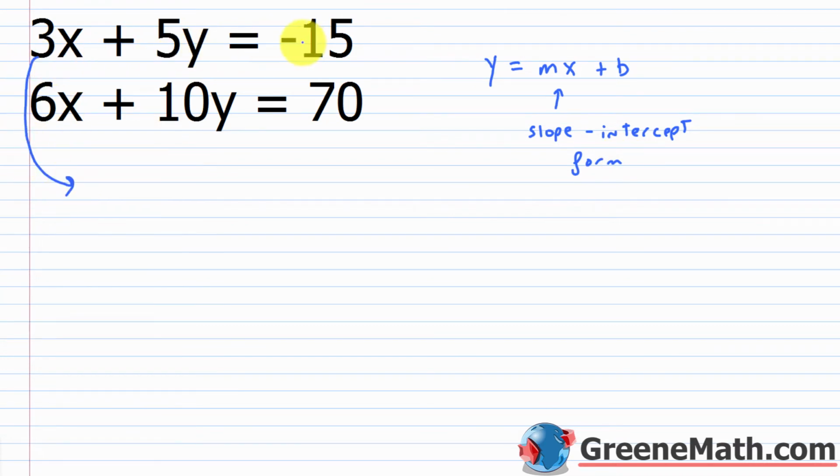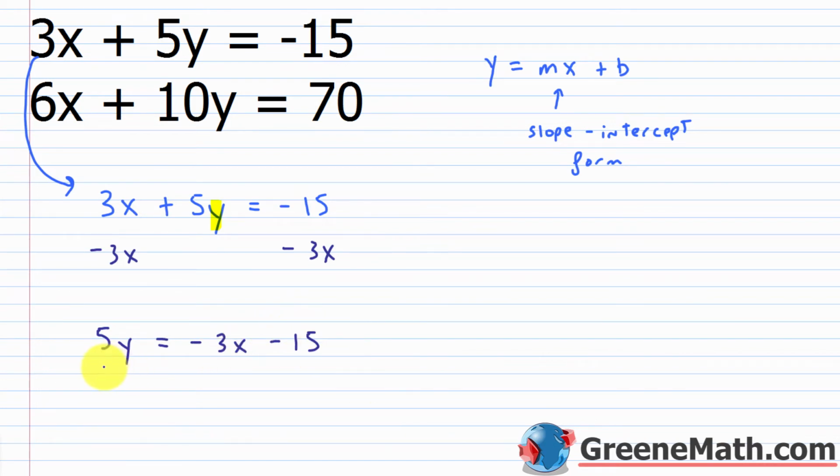So 3x plus 5y equals negative 15. If I want to isolate y, I'm going to start by subtracting 3x away from each side of the equation. So that's going to give me 5y is equal to negative 3x minus 15.